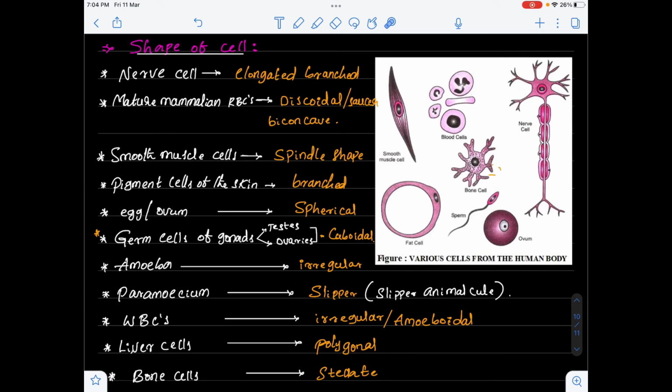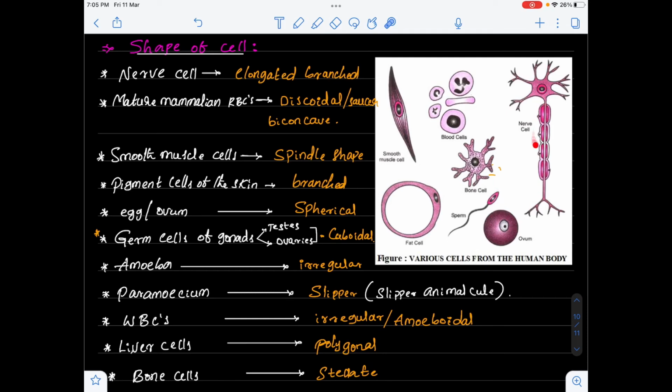For example, if we take a nerve cell, the shape of the nerve cell is elongated and branched, and its function is the transfer of impulses from one part to another part in our body. So if it is elongated and branched, it can carry quick information from one part to another part, so that functions can be done quickly.